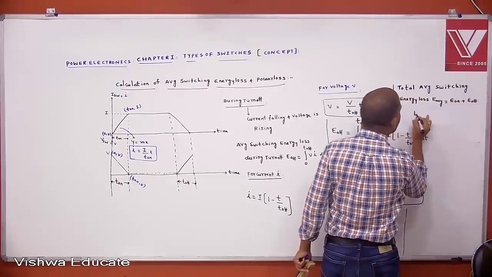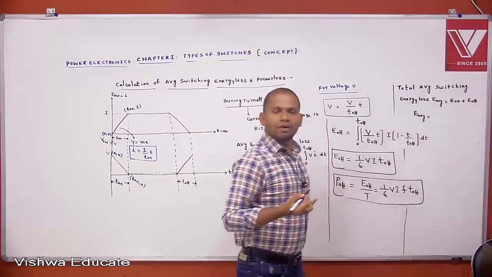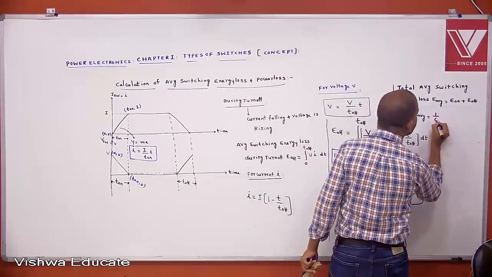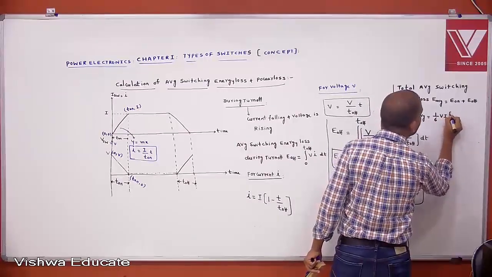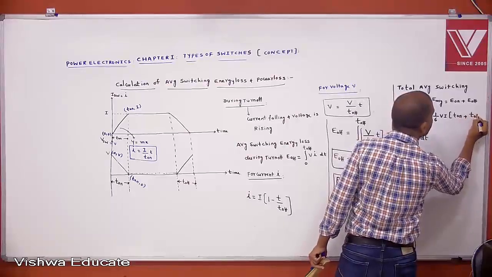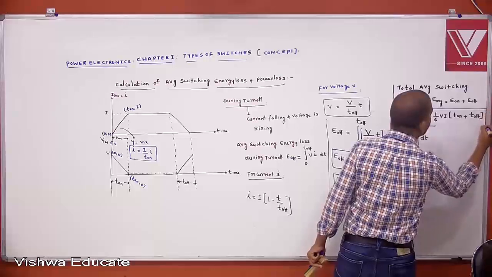Then what is the average switching energy loss? Sorry, average on state switching energy losses. 1 by 6 Vi into T on plus T off. This you can get as one equation.